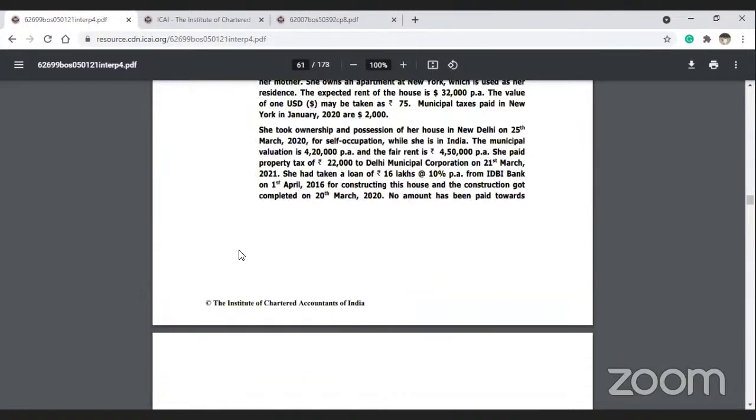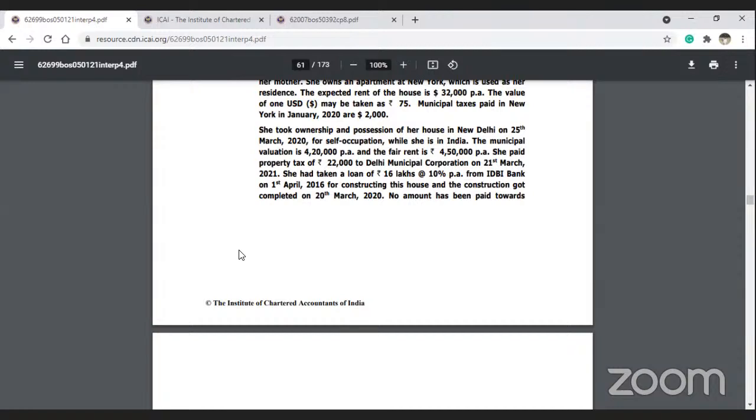She took ownership and possession of her house in New Delhi on 25th March 2020 for self-occupation. While she is in India, the municipal valuation is 4,20,000 per month and the fair rent is 4,50,000 per month. She paid property tax of 22,000 to Delhi Municipal Corporation on 21st March 21.